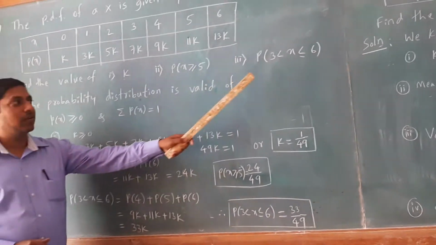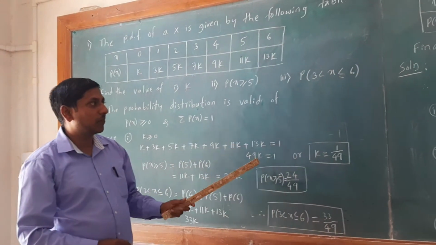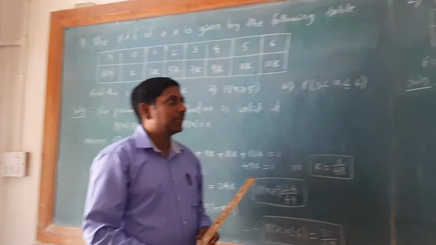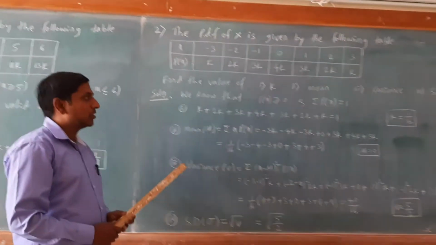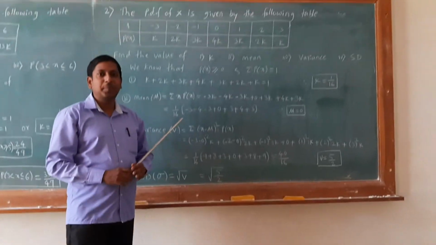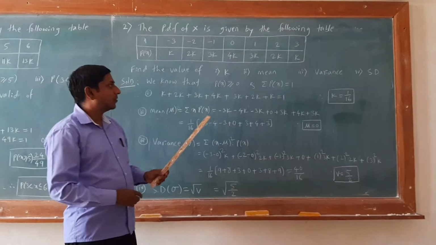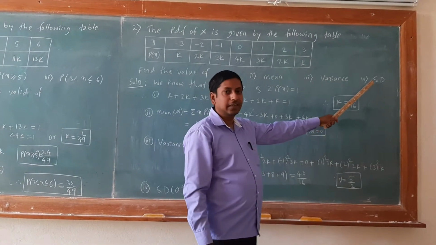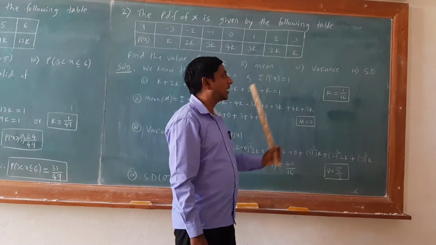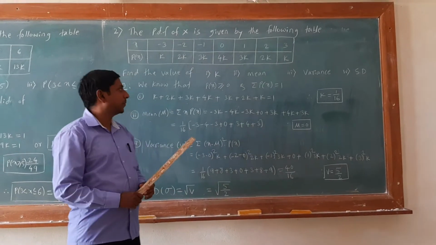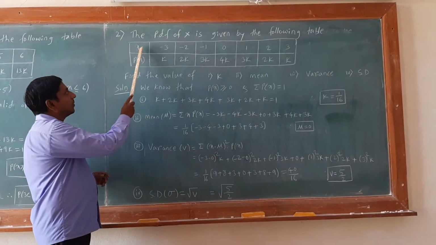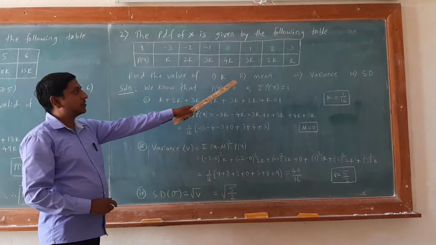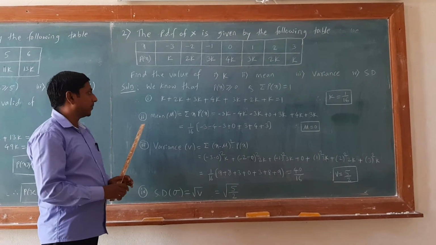We found the probability for x greater than or equal to some number, and x belonging to some interval. Then the next example is also similar to the previous example. Here we calculate mean, variance and standard deviation, shortly denoted as S.D. Here also they have given x and p of x values, and we calculate these four quantities.